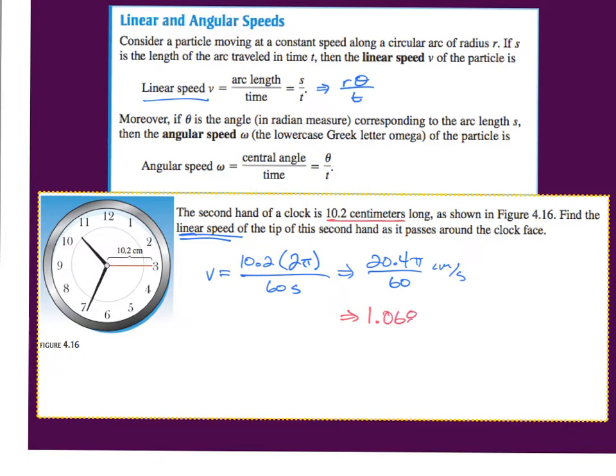That's right, centimeters per second. So what this means is every tick of the clock, the tip of that second hand that's 10.2 centimeters long is actually moving 1.0681 centimeters. That's what we just did.